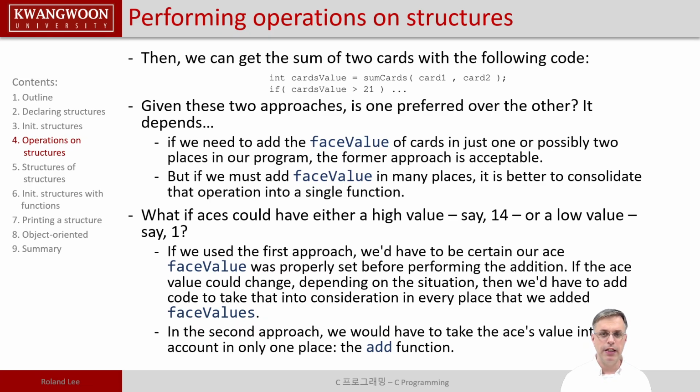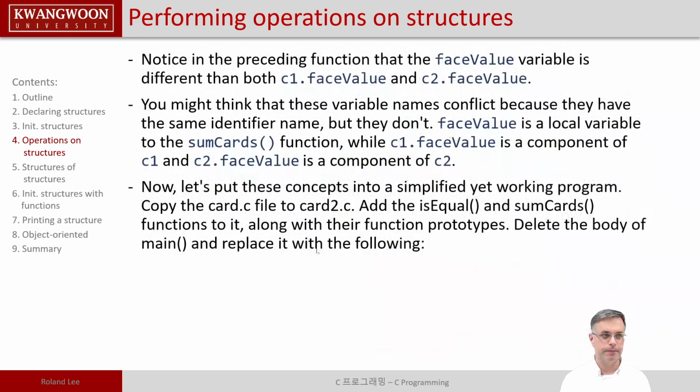Notice that in the preceding function the face value variable is different than both C1 face value and C2 face value. And you might think that these variable names conflict because they have the same identifier name, but they don't.